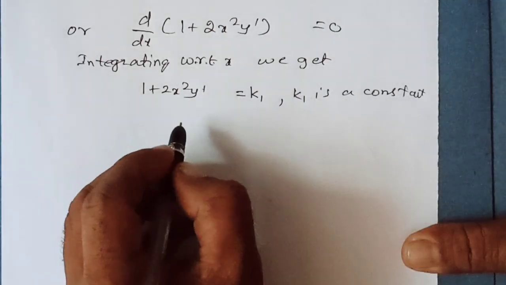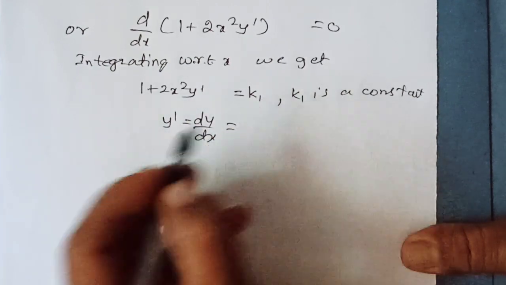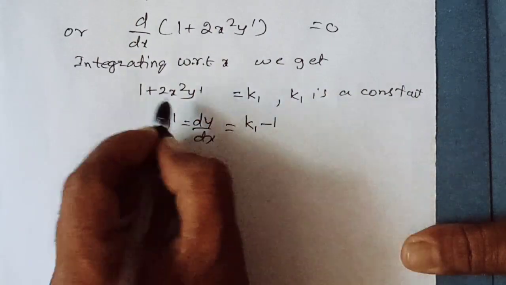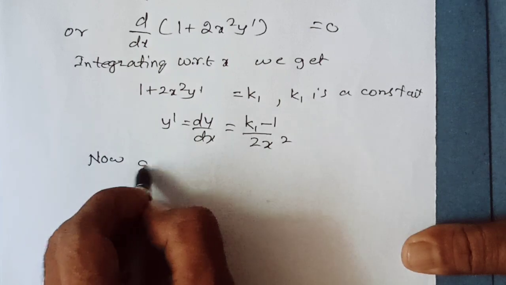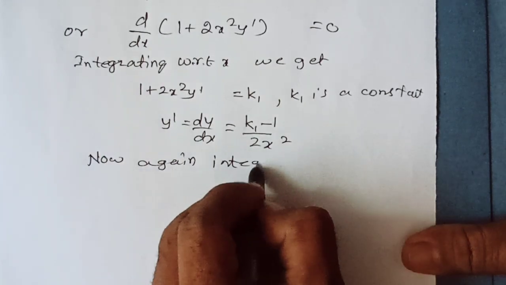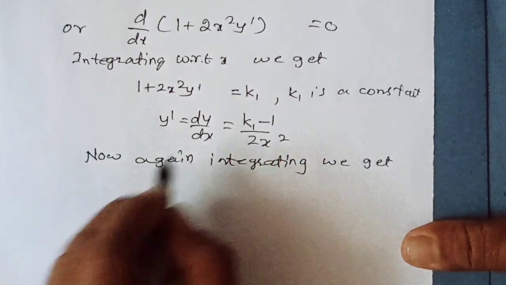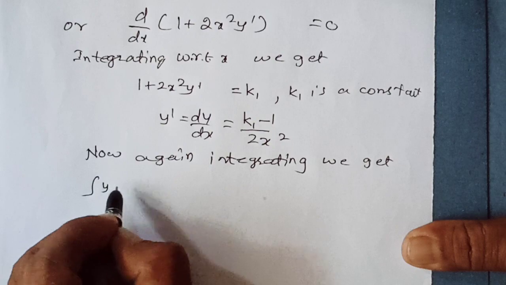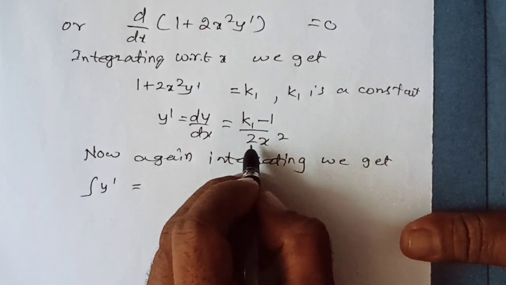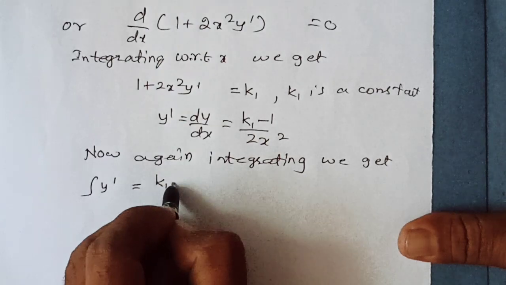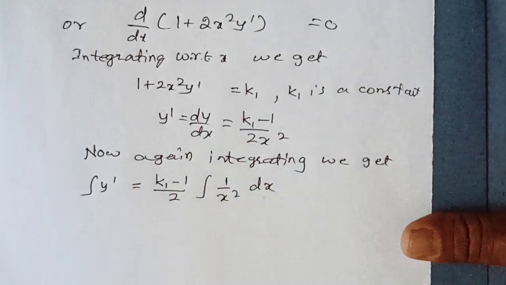So y dash, that is dy by dx, is equal to (k1 minus 1) divided by 2 x square. Now again integrating, integration of y dash is equal to integration of (k1 minus 1) divided by 2, which is a constant, times 1 upon x square with respect to x.